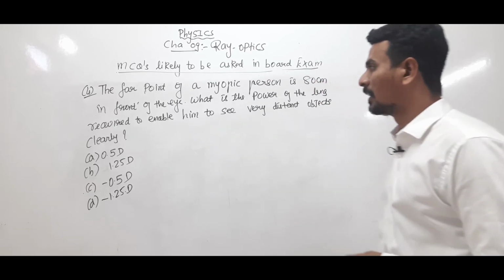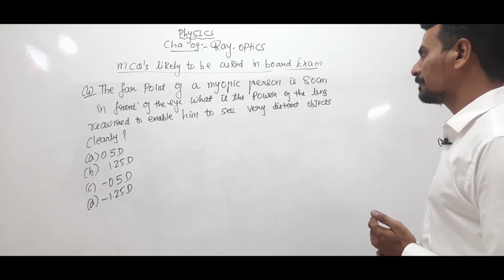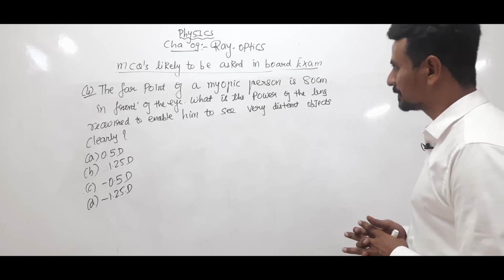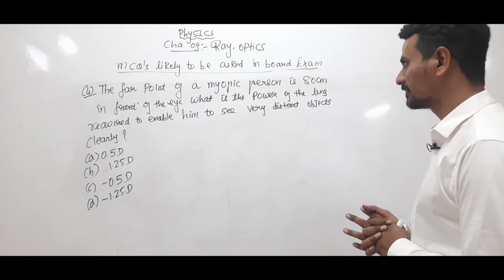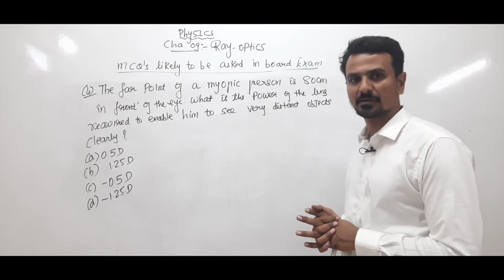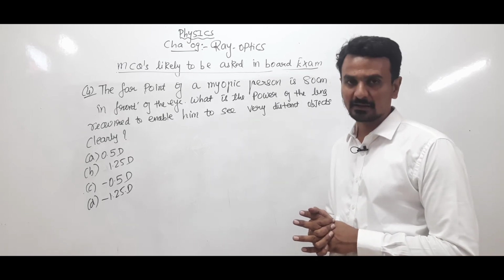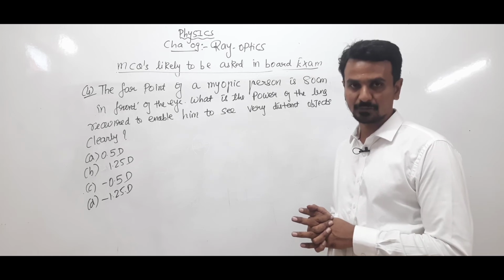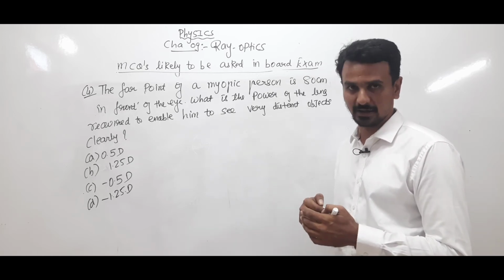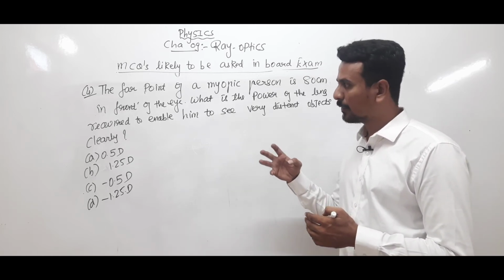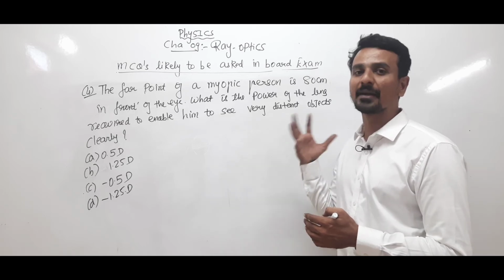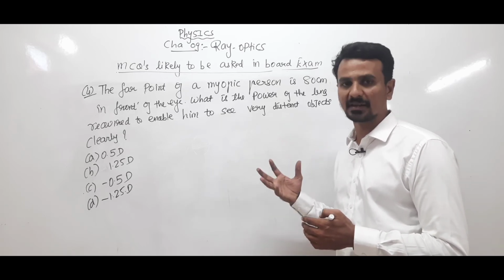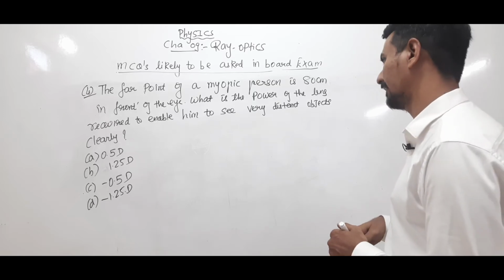Fourth one. The far point of a myopic person is 80 centimeter in front of the eye. Myopic person means a person having nearsightedness. That means the image is formed before the retina, in front of the retina, not on the retina. So basically he wants the rays to get diverged. So for diverging he needs to use a concave lens, right?